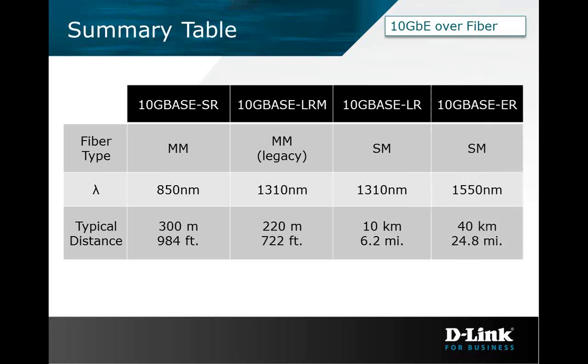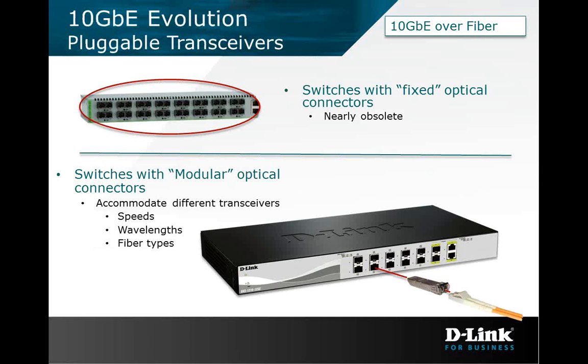Of course, the cost gets more expensive as we go to the right on this chart here. So the message here is use what you need, and I think for most business networks, 10G base SR fits very well.